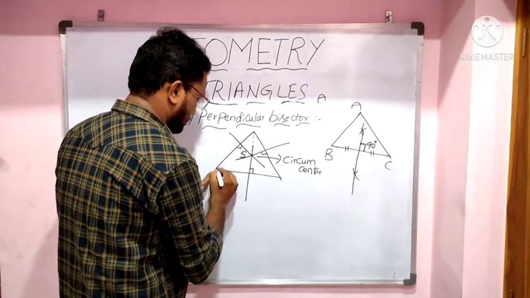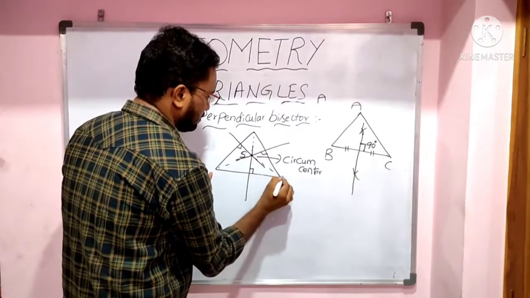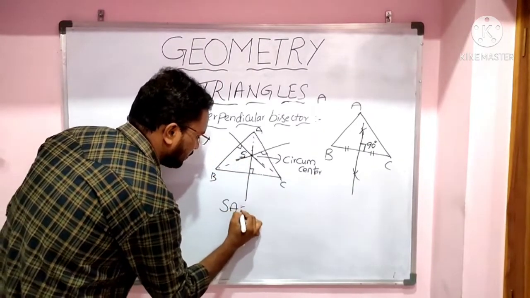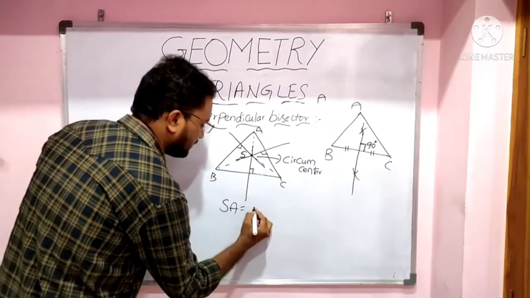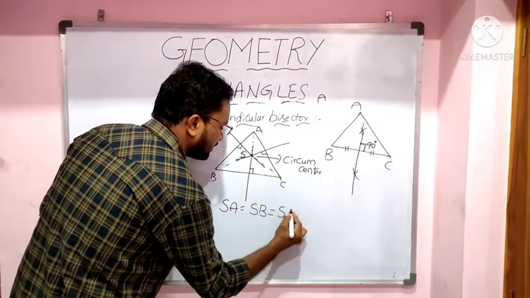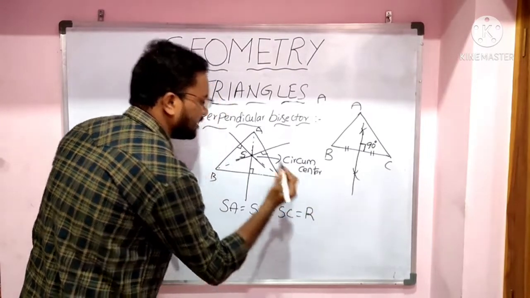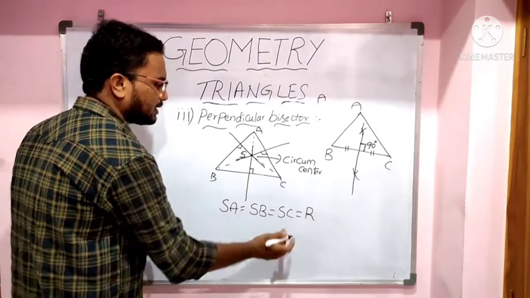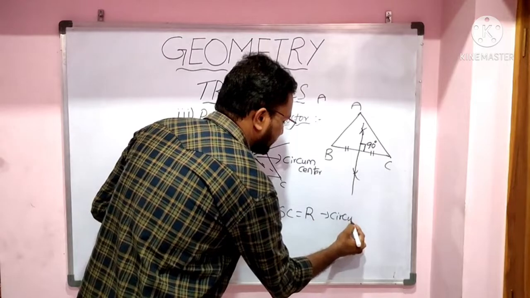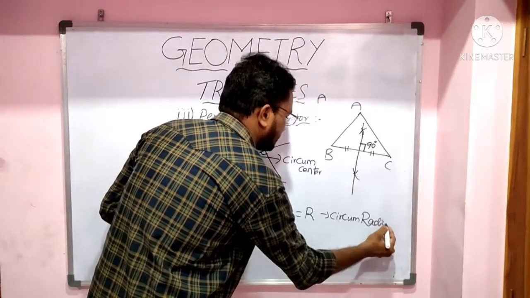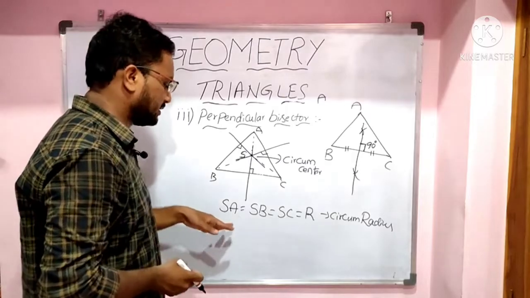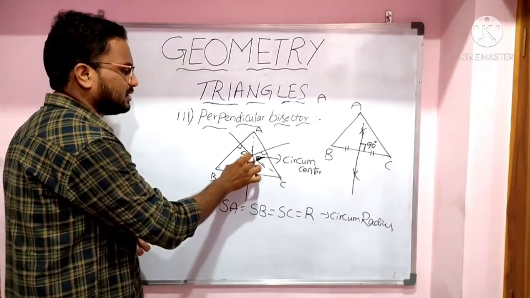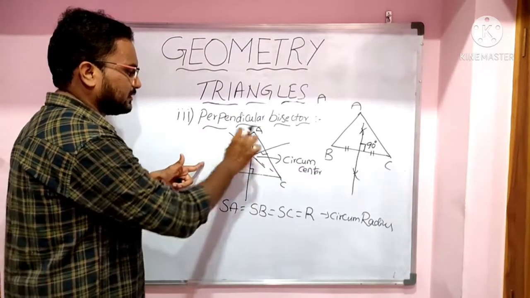Let us say this is A, B, C. Here SA equal to SB equal to SC equal to circumradius, this is the circumradius R. Okay, so SA equal to SB equal to SC. The circumcenter is always equidistant from the vertices of the triangle.